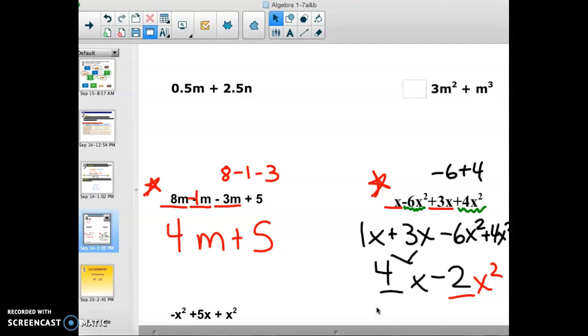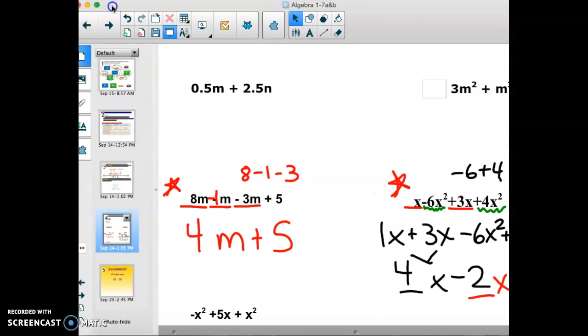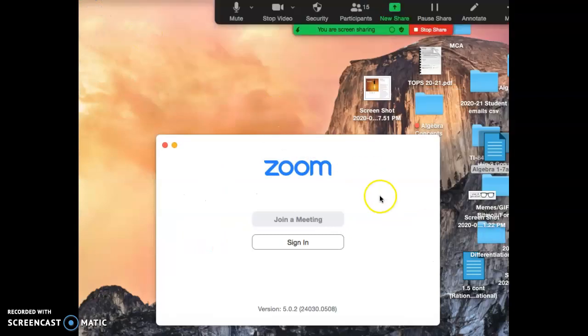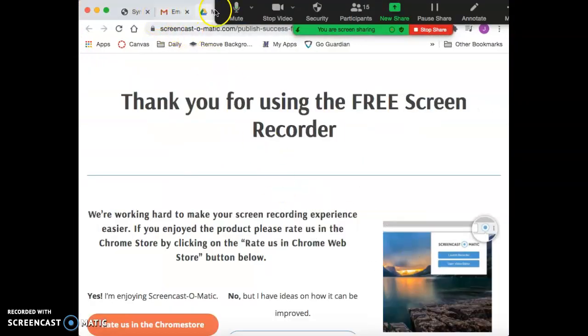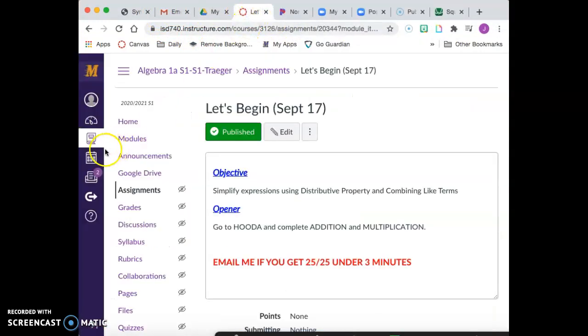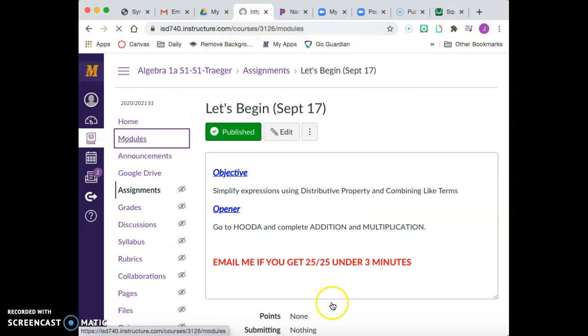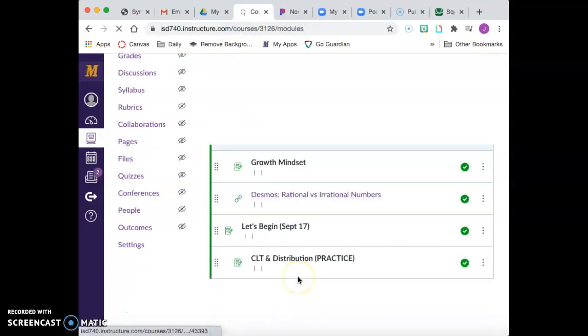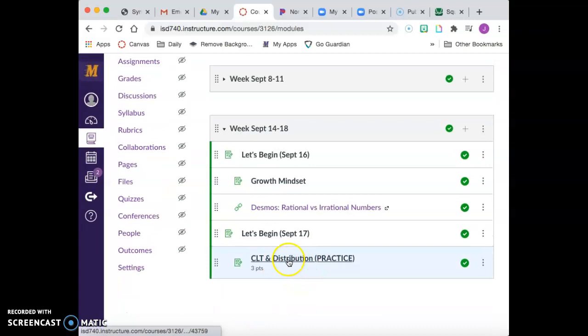Questions for right now? Let's get busy with the practice, okay? So here's what you're going to do: find your Canvas, and let's find the assignment that says CLT and distribution practice.